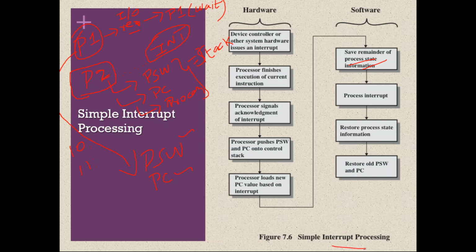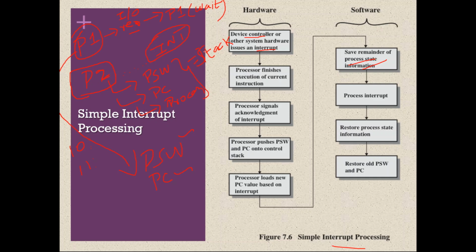Simple interrupt processing. So who is creating that interrupt? The IO module is creating the interrupt. The IO module can also be called an IO controller or device controller. So the device controller or other system hardware issues an interrupt. Let us assume the processor receives an interrupt when it is executing P2.